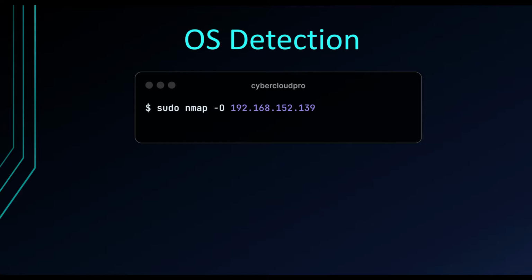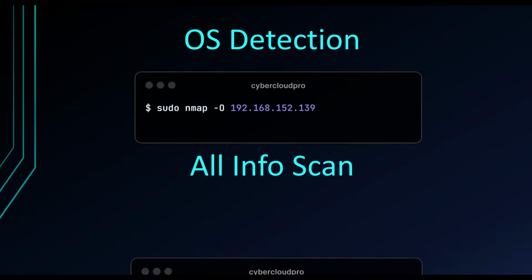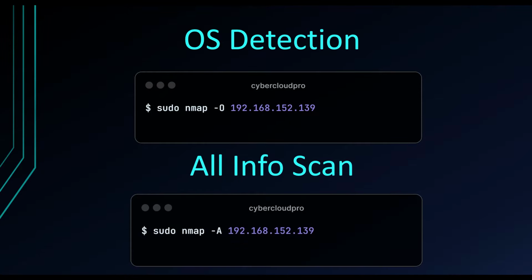For that, you need -A. With -A, you get the specific port details, services running on the ports, protocols running on the ports, their versions, OS, OS version, and many more.